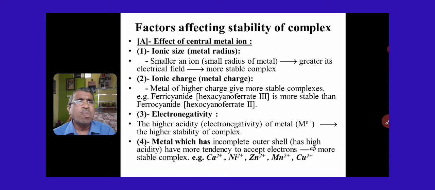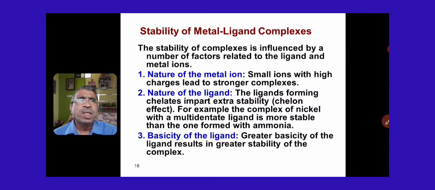The +3 complexes of iron are more stable than +2 complexes of iron. The higher the acidity or electronegativity of metal, the higher the stability of the complex. So, metals which have incomplete outer shell have more tendency to accept electrons, hence they form more stable complexes.